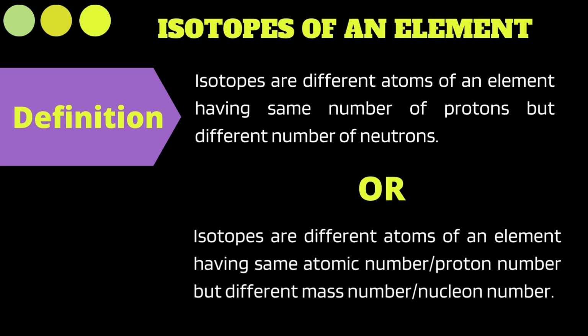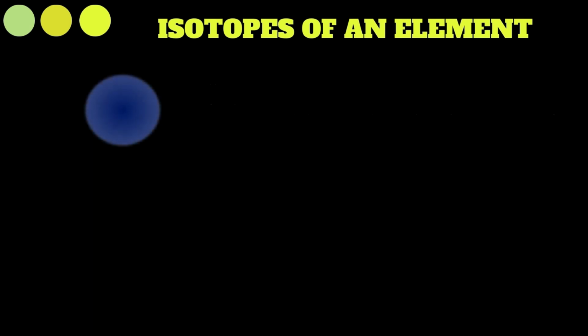Now see, this blue circle is shown as an atom, the electron cloud of an atom. The pink sphere is the nucleus of an atom. As we know, the nucleus of an atom has protons and neutrons. It has 6 protons as shown.